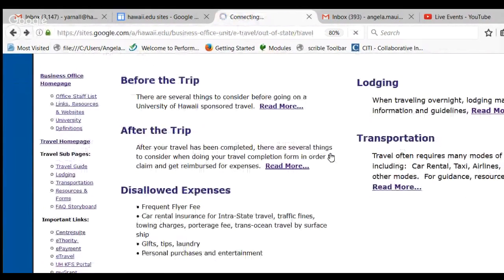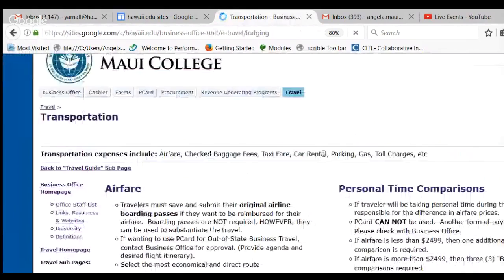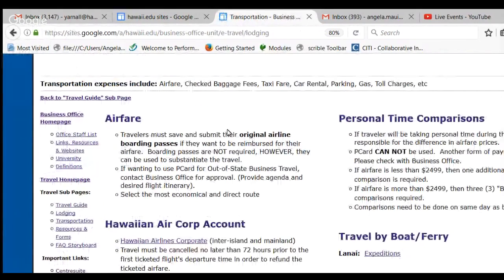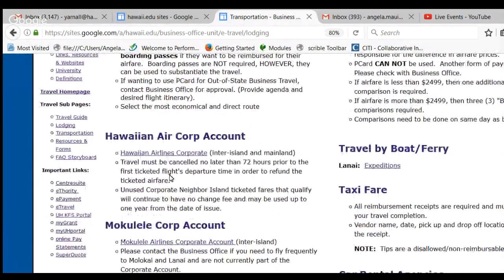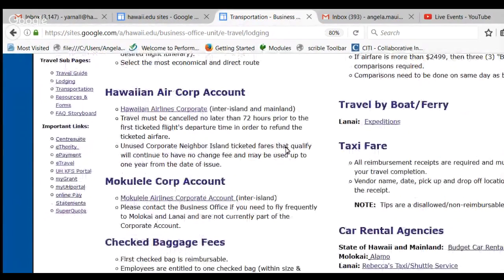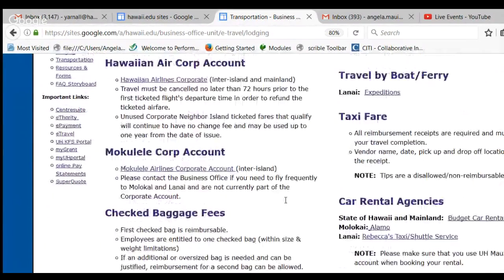Transportation. What do you think about this page? So it shows airfare, personal time, or any air travel, taxi fare.